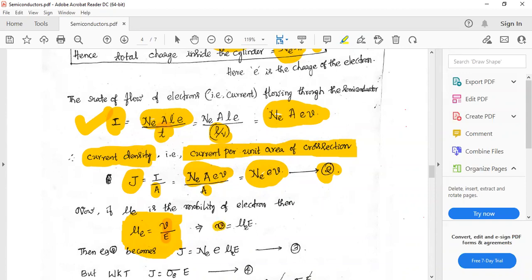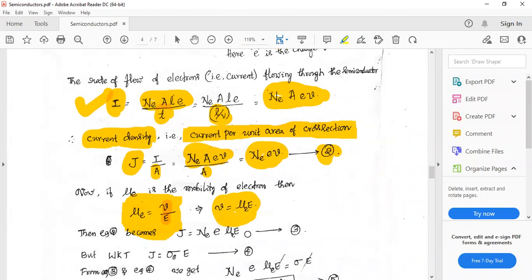Therefore I can write the velocity of the electron in terms of mobility as v equals mu e into E. Therefore the expression for electrical current density will become Ne into, in place of v, I will write mobility of electron into E.